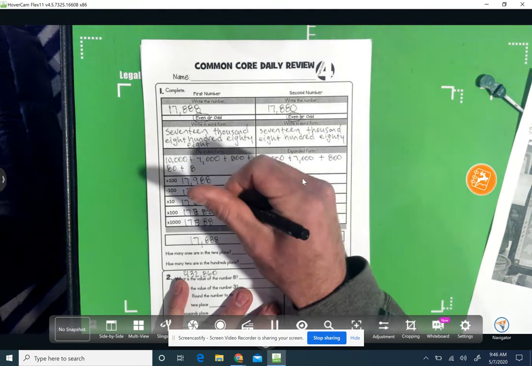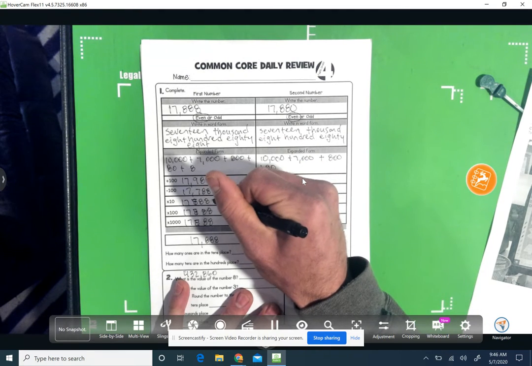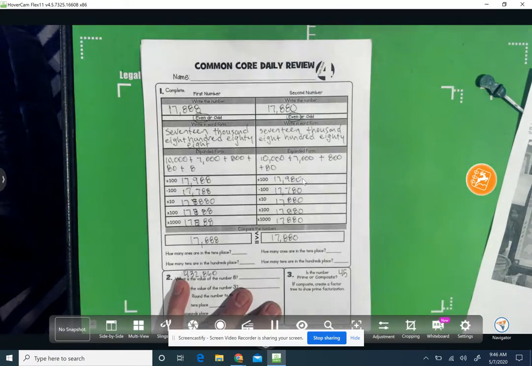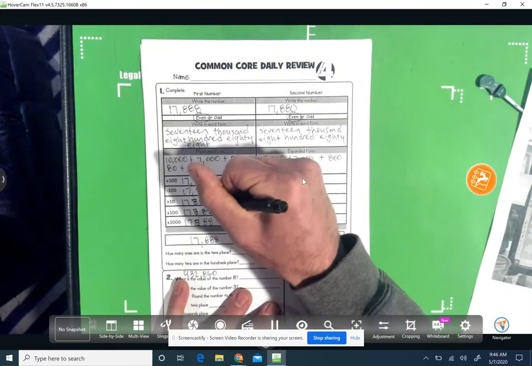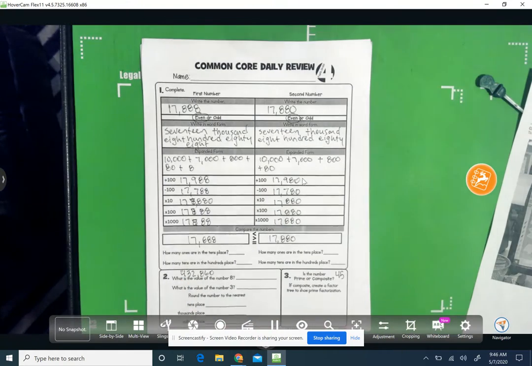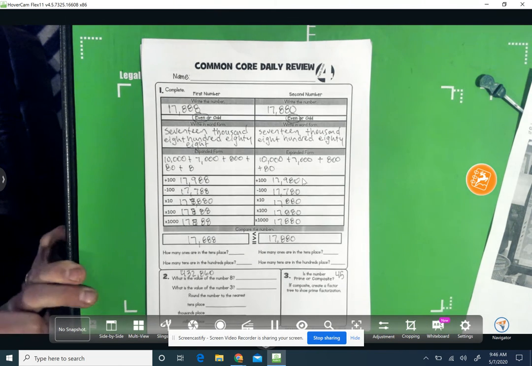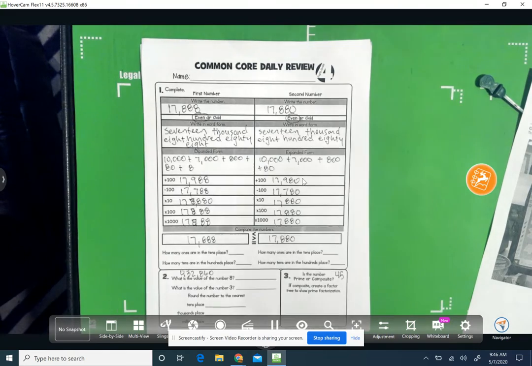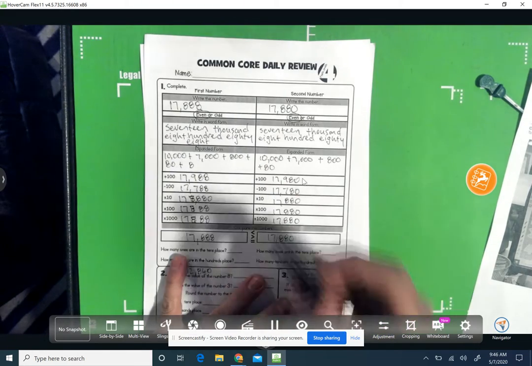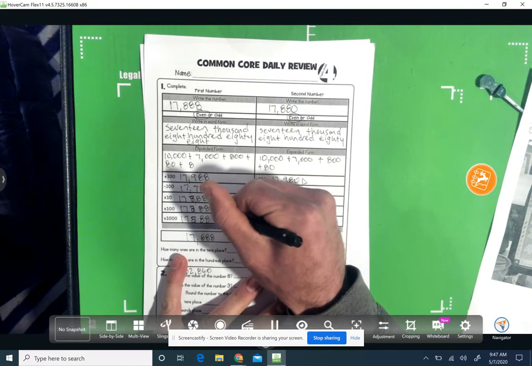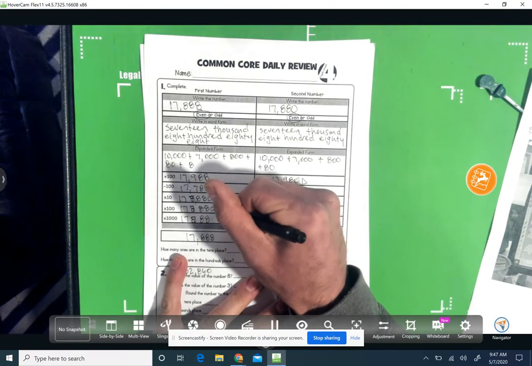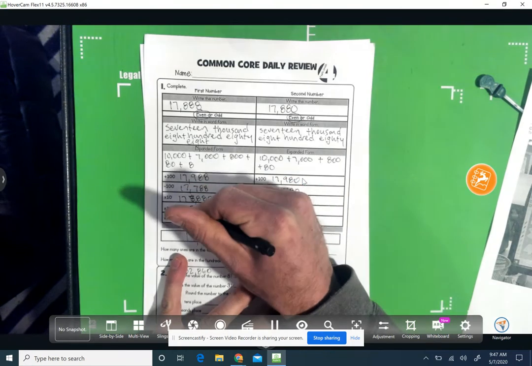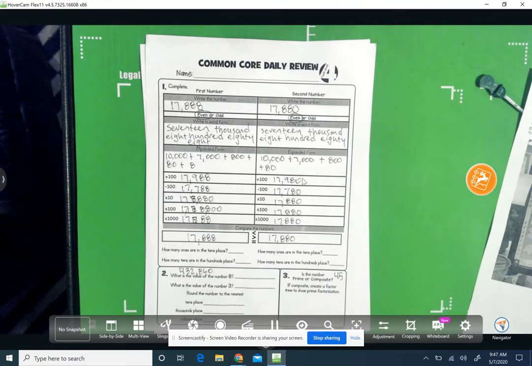So we are at 17,888. Now we're going to multiply it by 10 simply by adding a 0. Ones, tens, hundreds, comma. By multiplying by 10, we end up with 178,880. The power of the 0, my goodness. 17,888 times 100, we will add 2 zeros, ones, tens, hundreds, comma, ones, tens, hundreds, comma, 1,788,800.